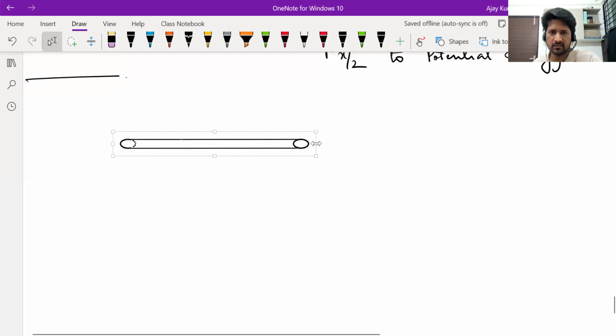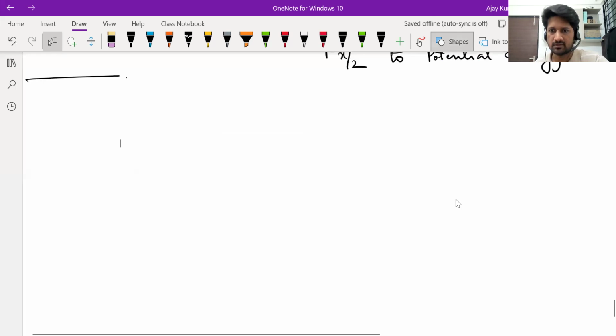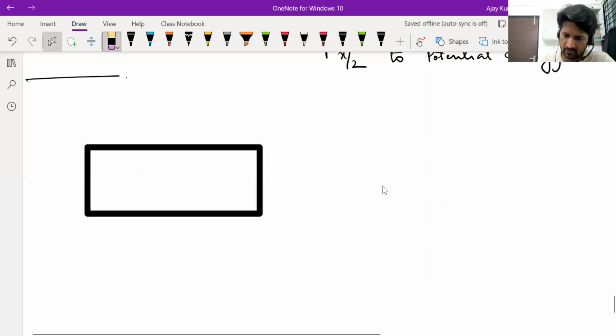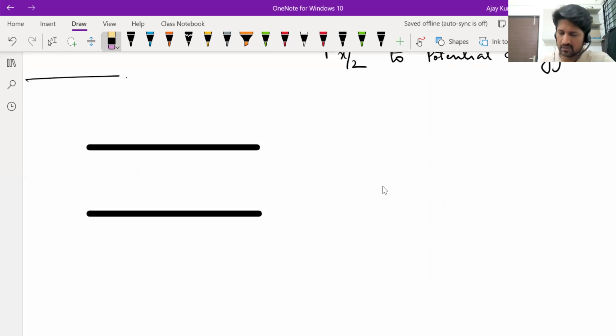Suppose there is a thread or stick you can consider, and you want to break the thread, snap the thread by applying forces. Let's say the thread is rigidly connected at one end to some support. Now you apply a force, you start increasing the force. At one particular amount of force, the thread will snap.